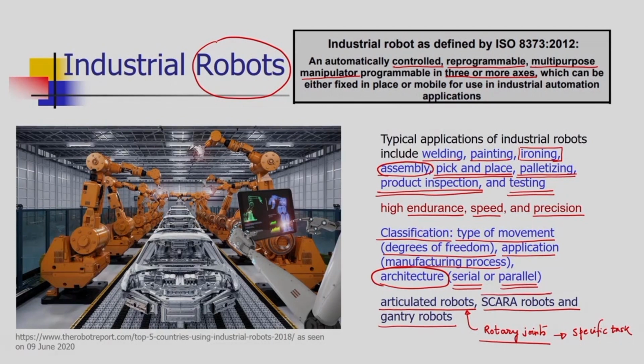SCARA is also a very useful configuration, and the meaning of SCARA is selective compliance assembly robot arm. Selective compliance assembly robot arm is the long form of the SCARA robot, and the gantry robots are the overhanging robots which are used to carry out a variety of tasks.